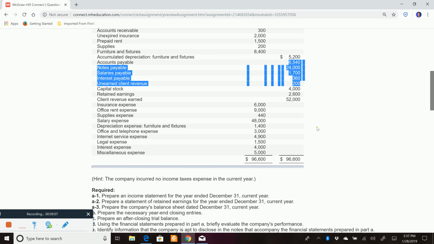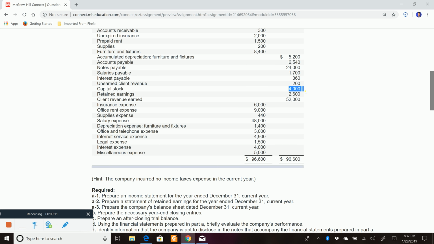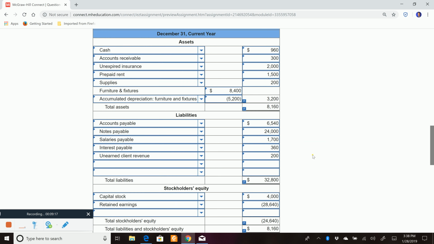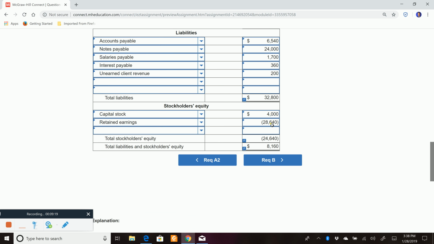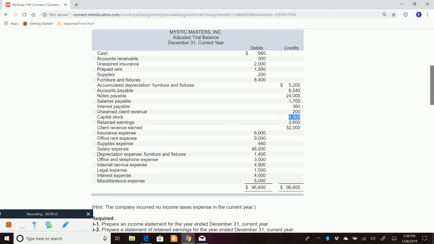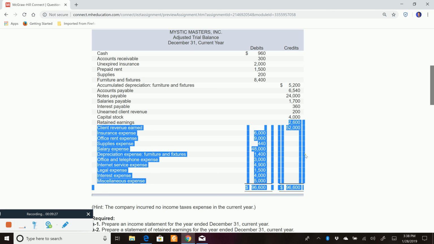Okay. And lastly, our equity section. Equity has two accounts, capital stock and retained earnings. The capital stock, as we see, is $4,000. Okay. Now, what is the retained earnings? Remember, the retained earnings, you can't grab it right from the unadjusted trial balance. We got to take the retained earnings plus the revenues minus the expenses.